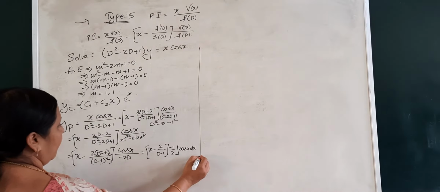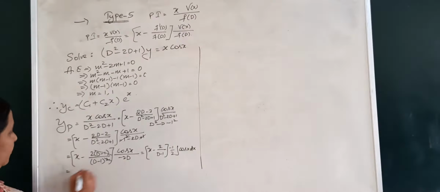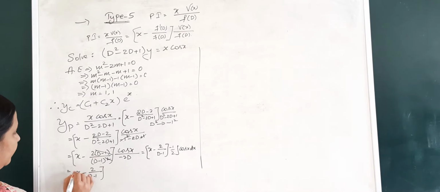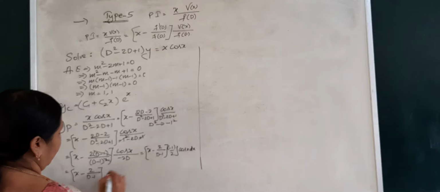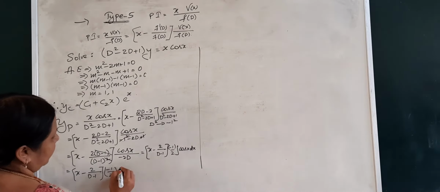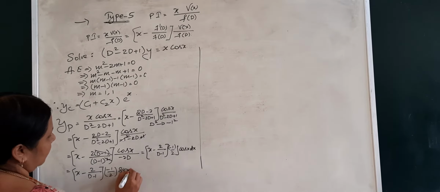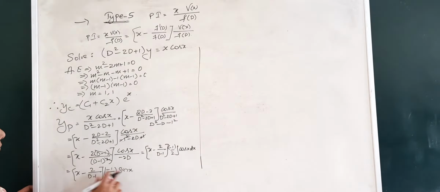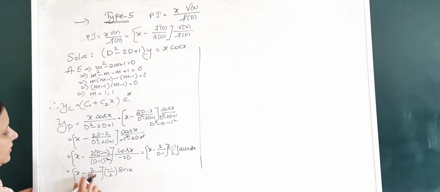Now this is equal to (x minus 2 by D minus 1) as it is, minus 1 by 2 as it is. Integral of cos x is sin x. Okay, so that makes things much more simple. So let us take the product x into this and this into this.